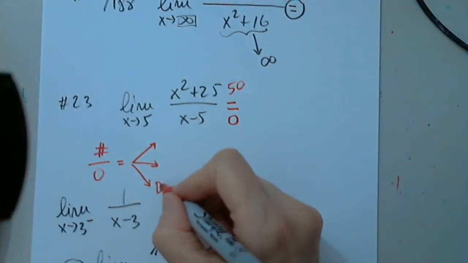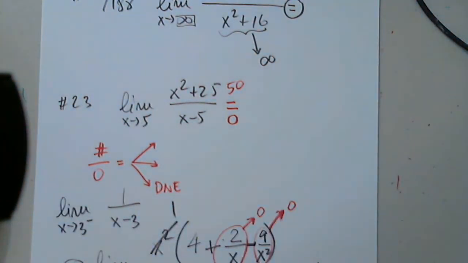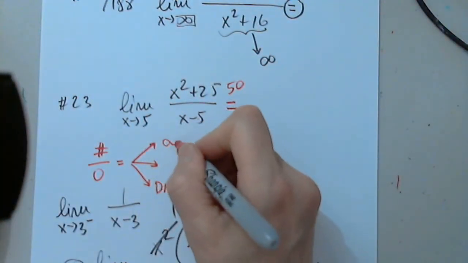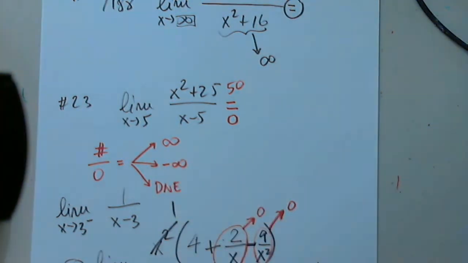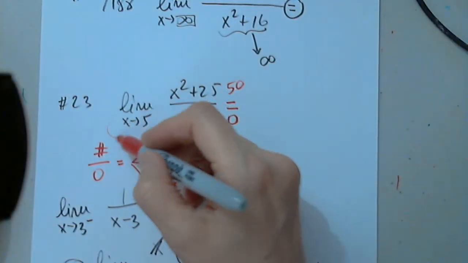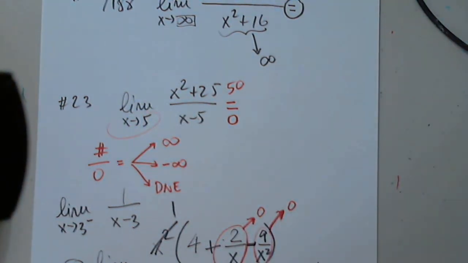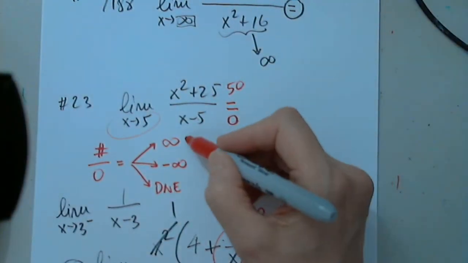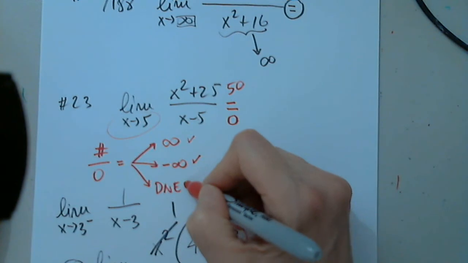One of them is indeed DNE. A vertical asymptote? Infinity, negative infinity, or DNE. Yes, in this case, it will happen to be a vertical asymptote. So please remember, a number over 0 can be infinity, negative infinity, or DNE.